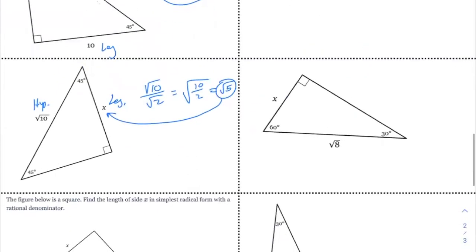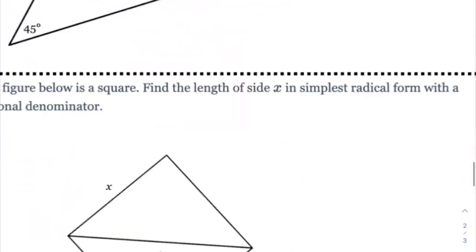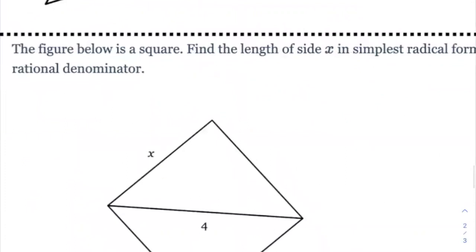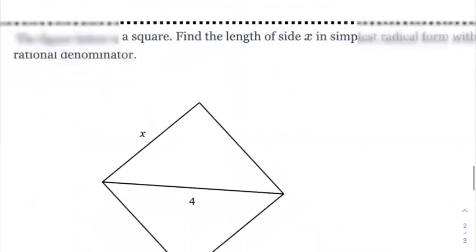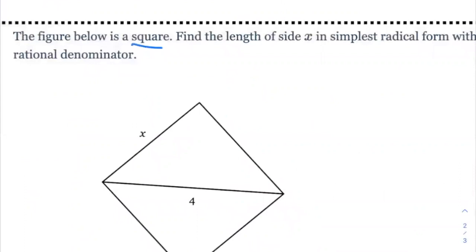Right, there's a couple of 45s. Let's go straight down and do this question as well. You know why? Because it says it's a square. A square has 90-degree angles. Even these are 90, but I don't care about those two because there's a diagonal. And a square has congruent sides. So I want us just to look at this half of the square.